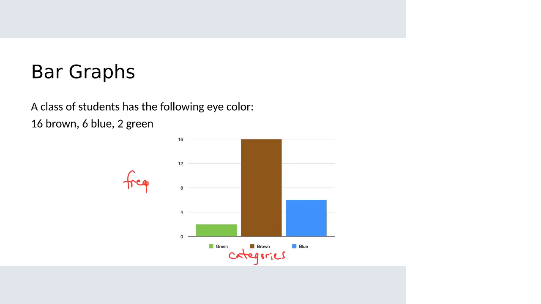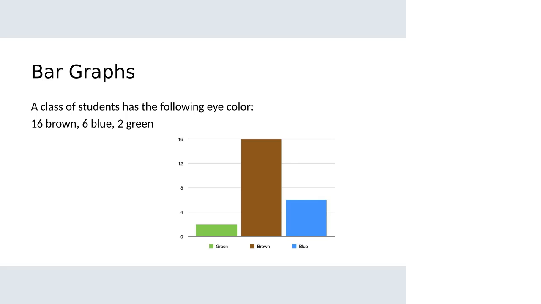We can see the raw data. We can see 16 students had brown eyes, 6 students had blue eyes, and 2 students had green eyes. So, all those features of a bar graph are definitely present in that we can see the raw data.